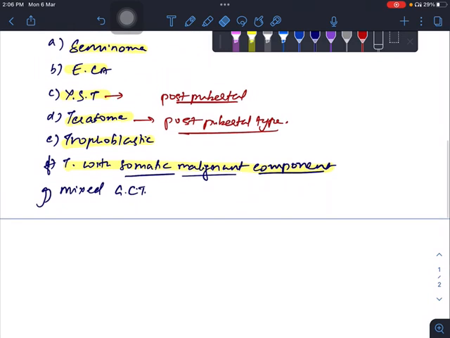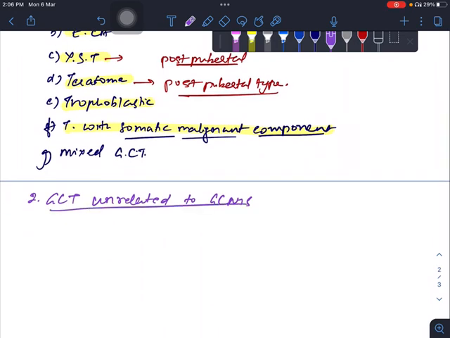Next comes the heading germ cell tumors unrelated to GCNIS. So what are those tumors?